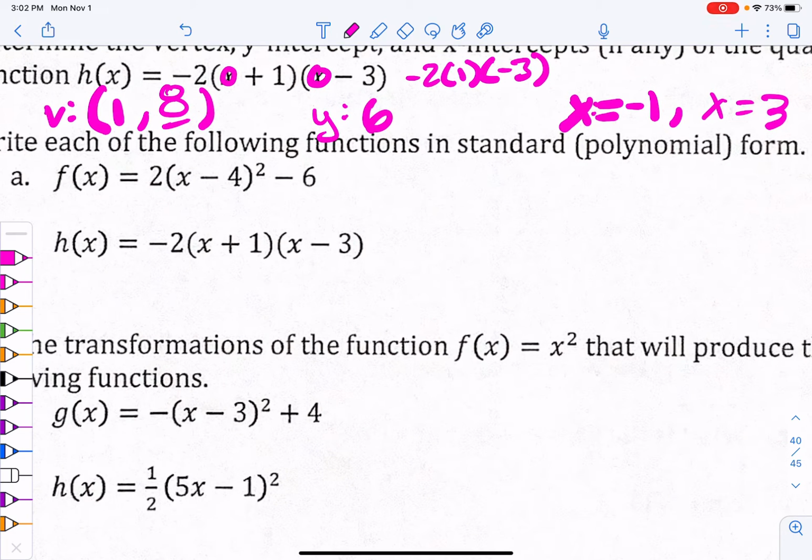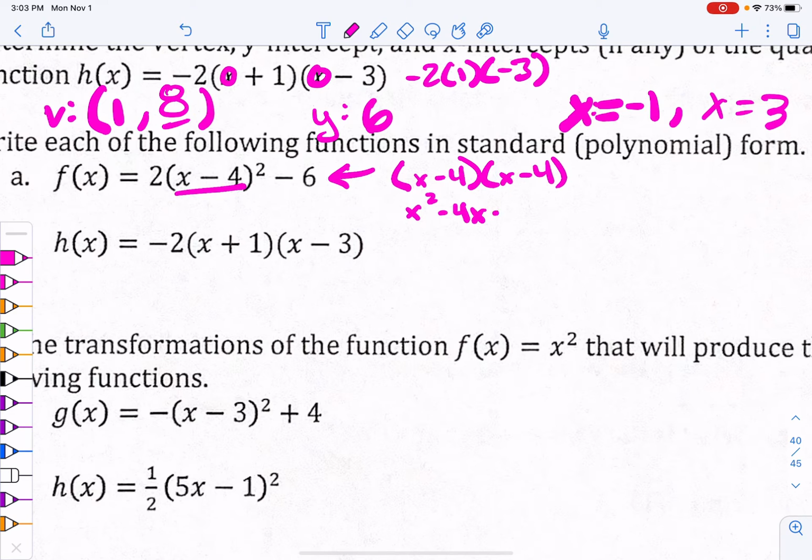Okay, so part A, they want us to write this in standard form, so basically just foiling everything out. First thing I'm going to do is take x minus 4 and I'm going to square it. Okay, so x squared, minus 4x, minus another 4x, and then plus 16, which is x squared minus 8x plus 16, okay?